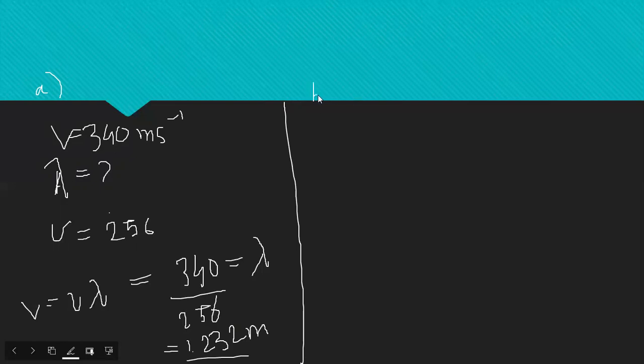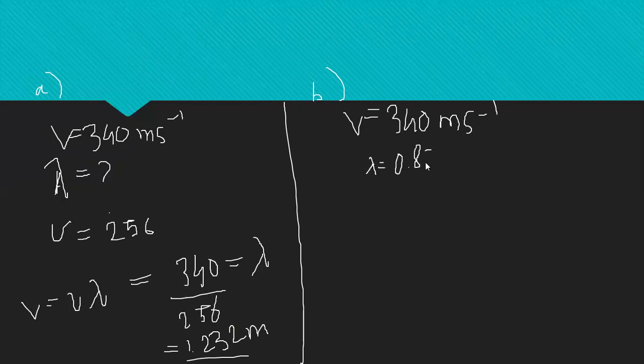And for the second question we are given v equal to 340 meter per second, lambda we are given 0.85, and we have to find the frequency nu.